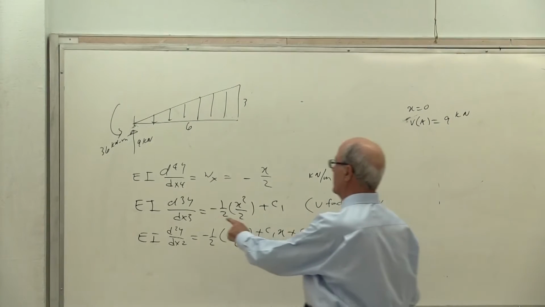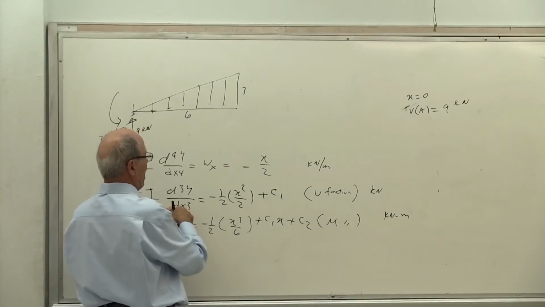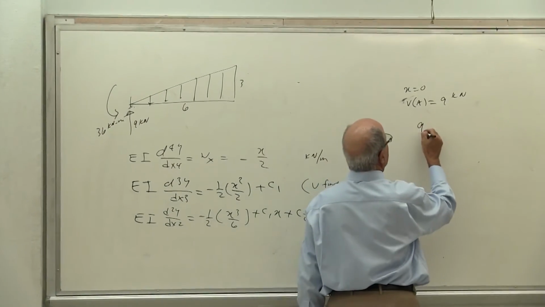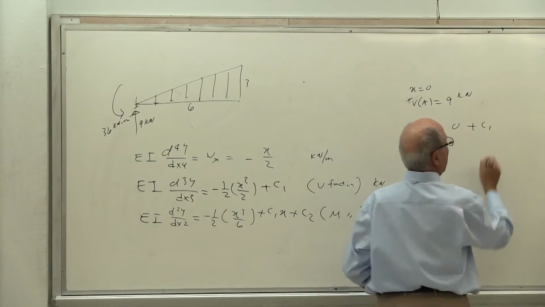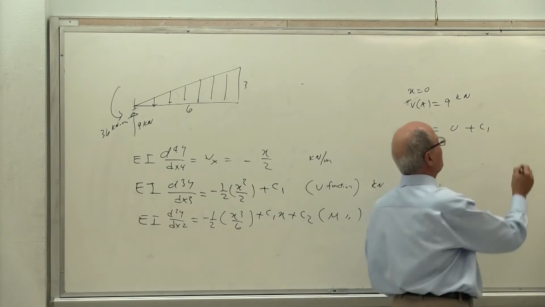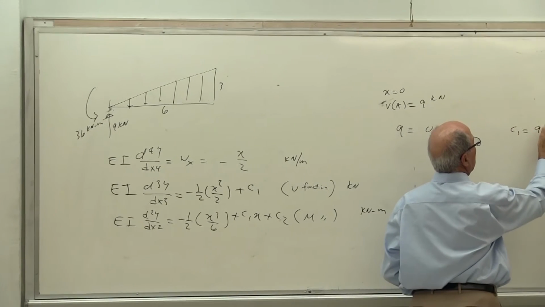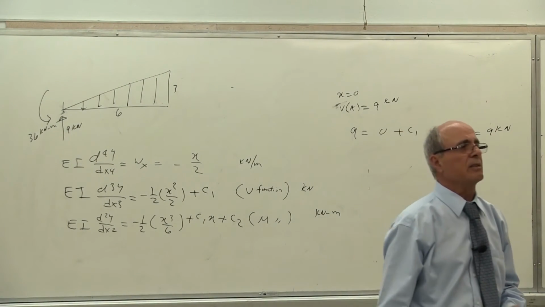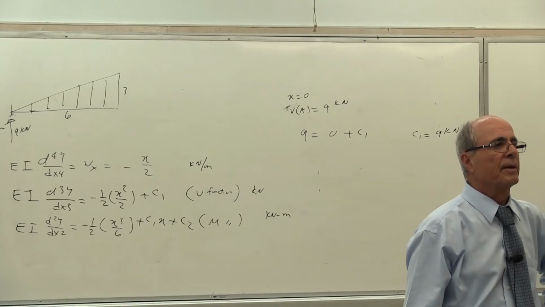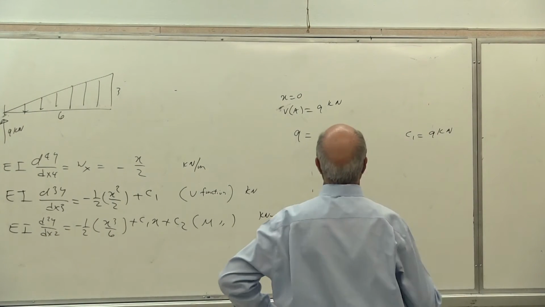So I use it here. Look, 9 kilonewton equals 0 plus C1. Yes or no? Therefore, the value of C1 is how much? The value of C1 actually is RA. Is that correct or not? Yes? Right. Now, this is simple.